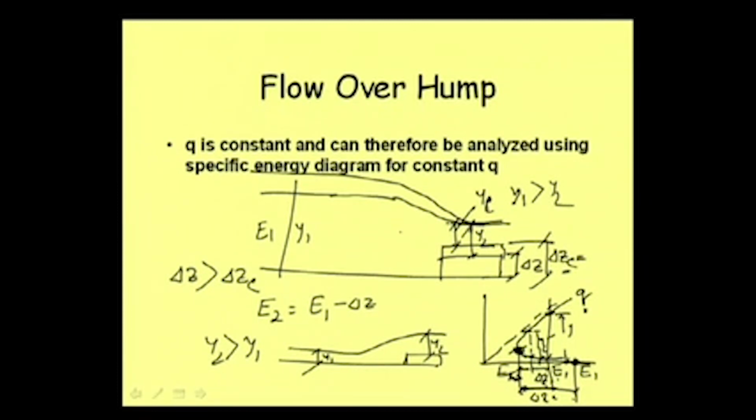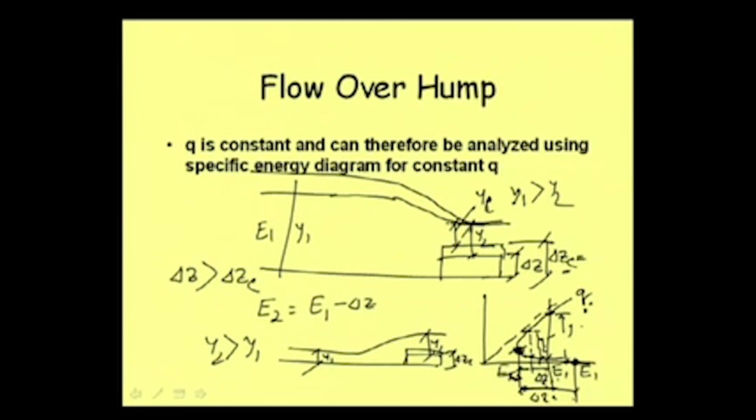So, it is almost similar to the case of narrowing down, but of course the concept is a little different, and we are analyzing this from the point of view of the specific energy diagram for constant discharge. Of course, in case of supercritical flow, also we will get up to critical depth if it is increased to delta zc, it is fine. But if it is increased further, then it will not.